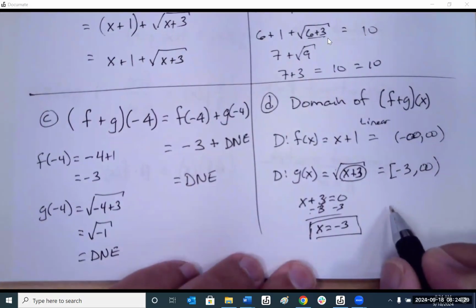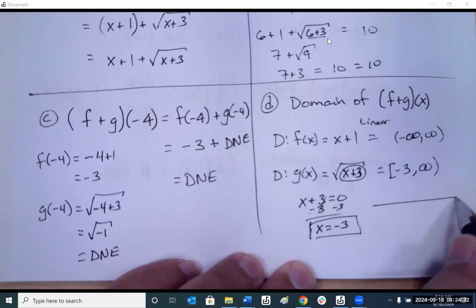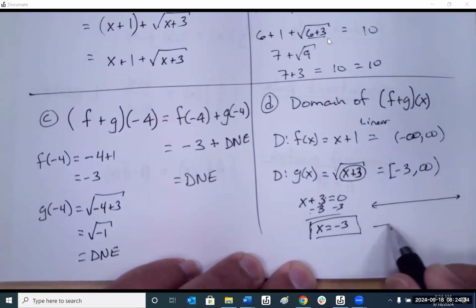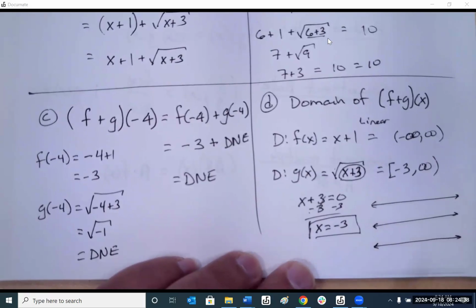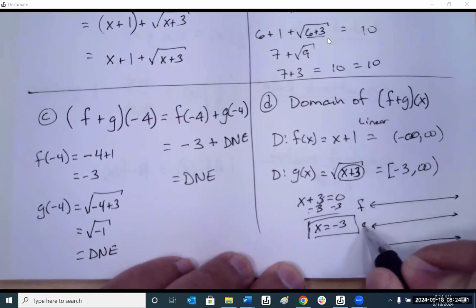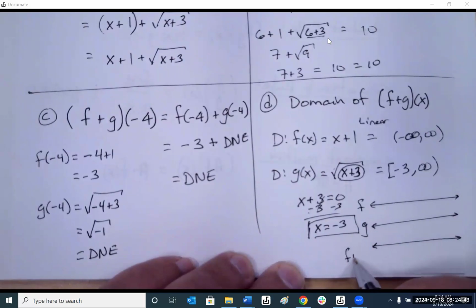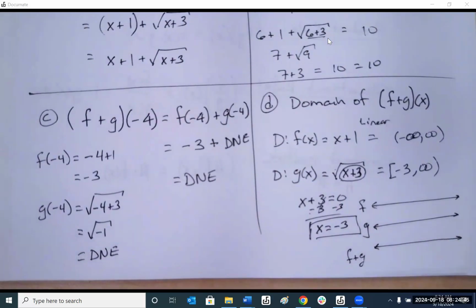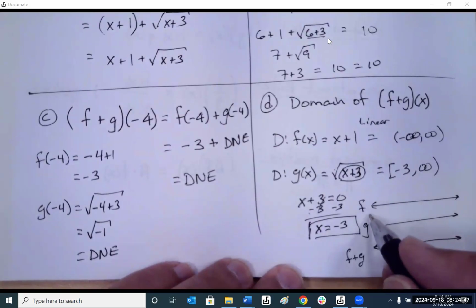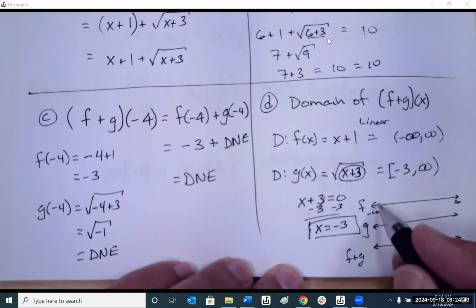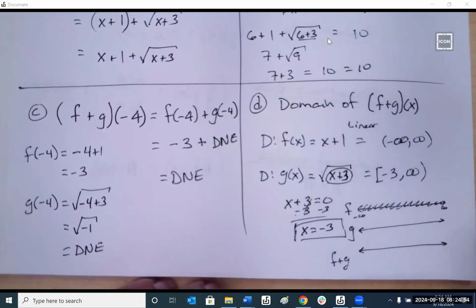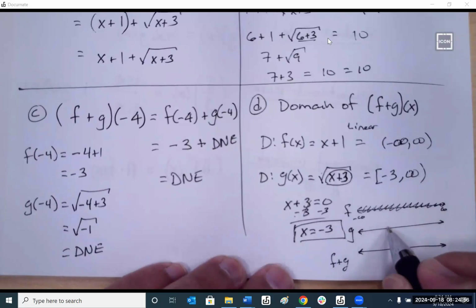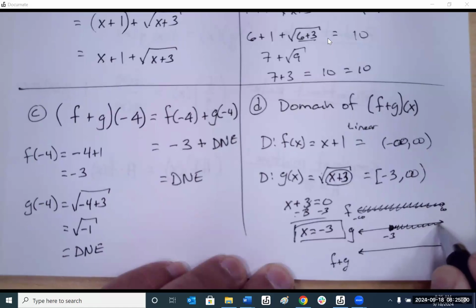So looking at both of these, here's the function f, g, and here's f plus g. F goes from negative infinity to positive infinity, so it's everything. G goes from -3 to infinity.